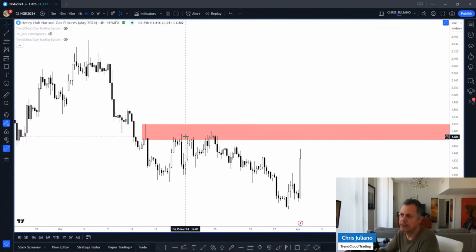Look at all the resistance. Hit, impulse down. Pulls back into supply zone, impulse down. Pulls back into supply zone, impulse down. Okay, this is a real solid piece of resistance here on that 4-hour chart.